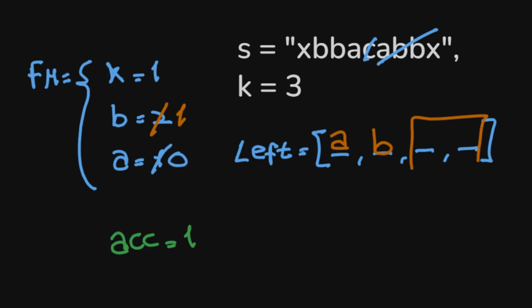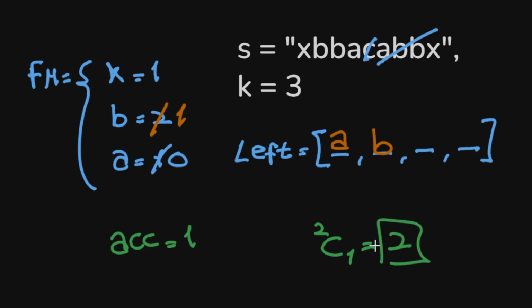Well, now we have 2 slots available, and we start from B once again because we are trying to get the lexicographically smallest result. So how many combinations do we have of 1 in 2 slots? This is equal to 2. We can use this available B either here or here. So the accumulated number of combinations is 1 times 2, meaning 2.